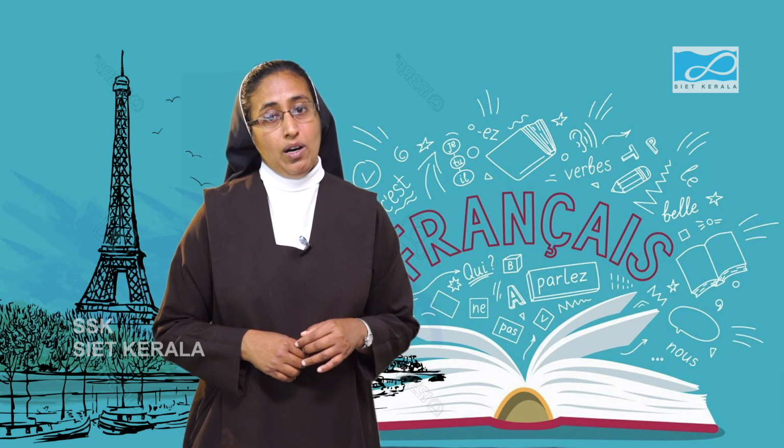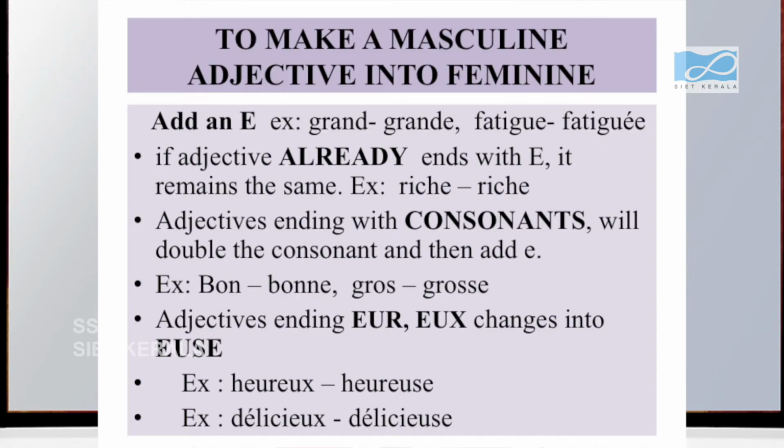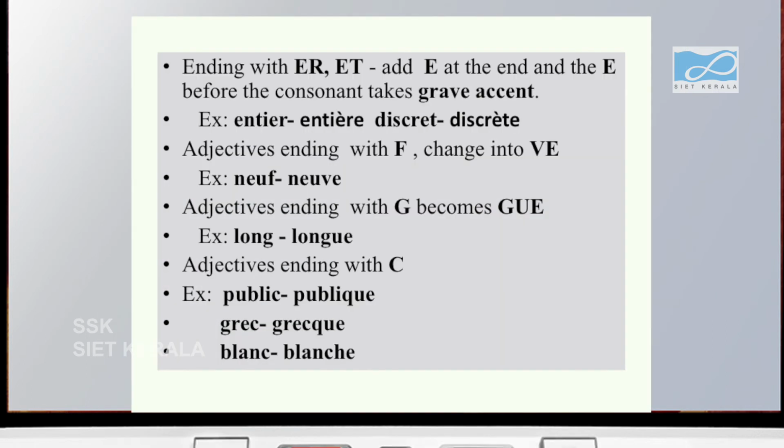Now, sometimes certain adjectives end in E-U-R or E-U-X. So in that context, the E-U-X and the E-U-R change into E-U-S-E. Okay, so heureux means happy. It becomes heureuse. Délicieux, delicious, becomes délicieuse. If the adjective ends in ER or ET, you add E at the end and the E before the consonant takes a grave accent.